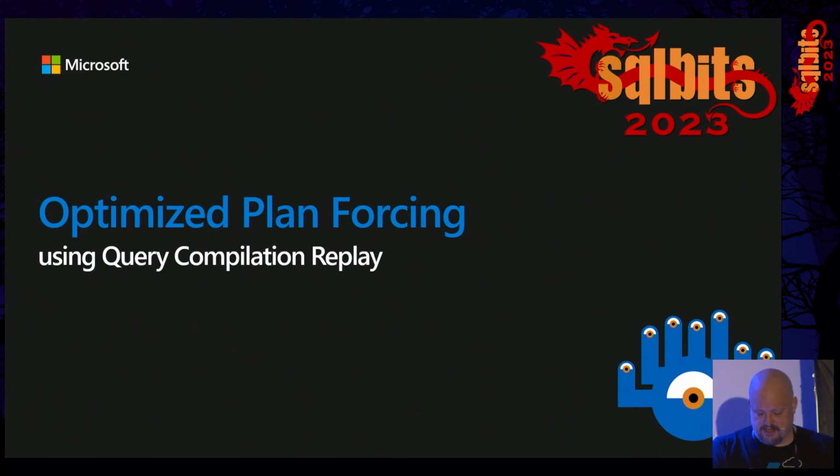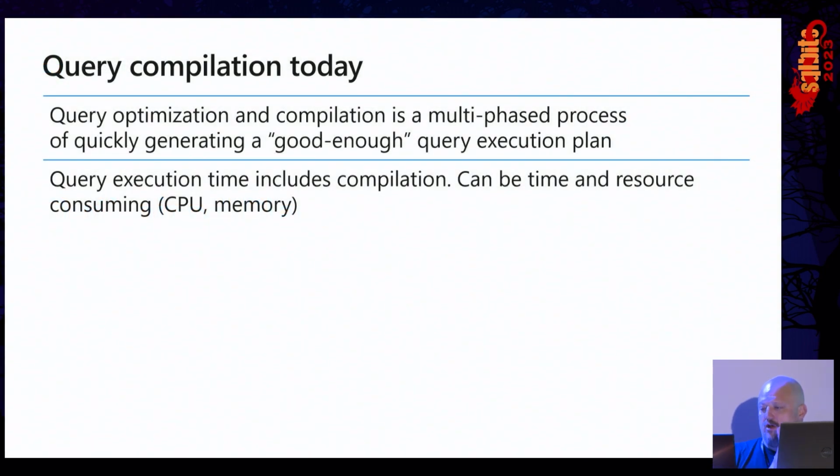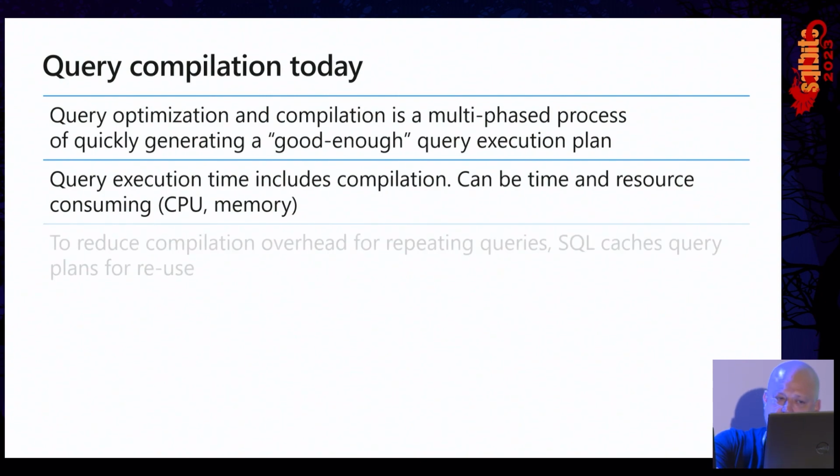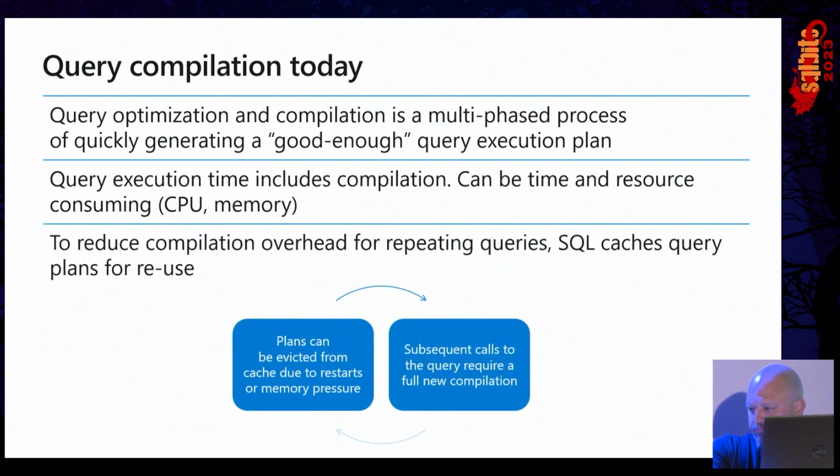Okay, so let's talk about some of these other scenarios. We're getting close to time. Optimized plan forcing. So for highly complex queries with long compilation times, think of scenarios where customers experience high duration queries and increased resource utilization in what we call a compile storm.